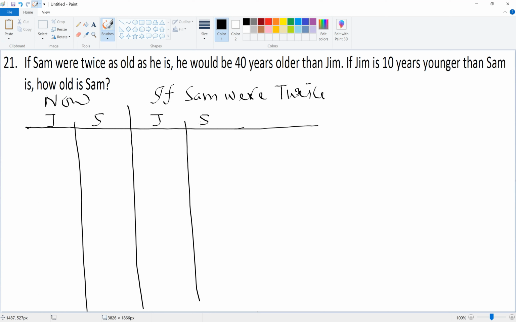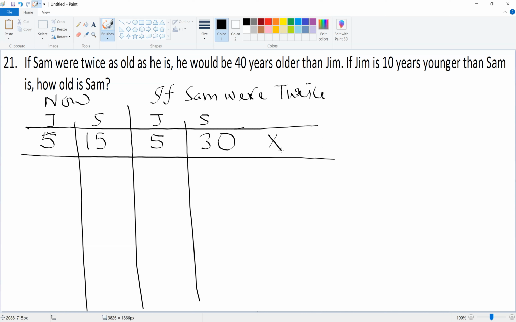So then I went to 16. I started with Jim 5, Sam 15. And then if Sam were twice, this would be 30 and Jim would still be 5, so this is not a 40-year difference. Next, I went to 6 and 16, and 6 and 32.